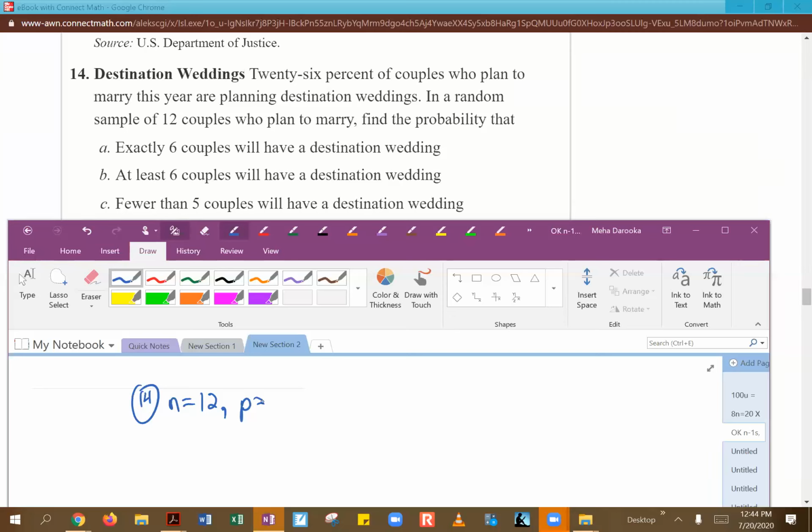Very nice, because that's how they started the example, right? They said 26% of couples who plan to marry will have a destination wedding. So this is a probability of 26%, or 0.26. And you can of course see 0.26 is a number which would not be part of our binomial distribution table, right? So we're going to have to use the formula. So we definitely need to know the Q value. So can you tell me what that Q value is going to be?